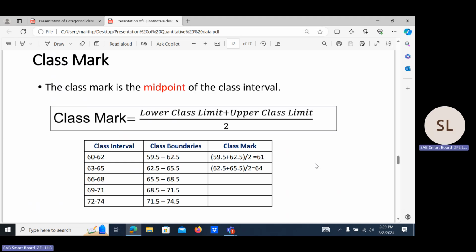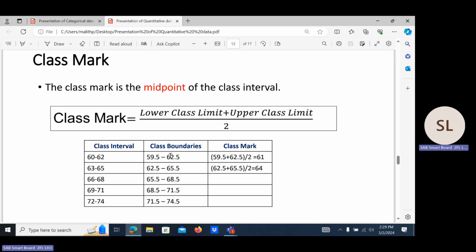Class mark. Now you know what the class mark is: the midpoint of the class interval. It is obtained by adding the lower class limit and the upper class limit and dividing by 2. We need to calculate the average value, the midpoint. For the first one, 60 plus 62 divided by 2.